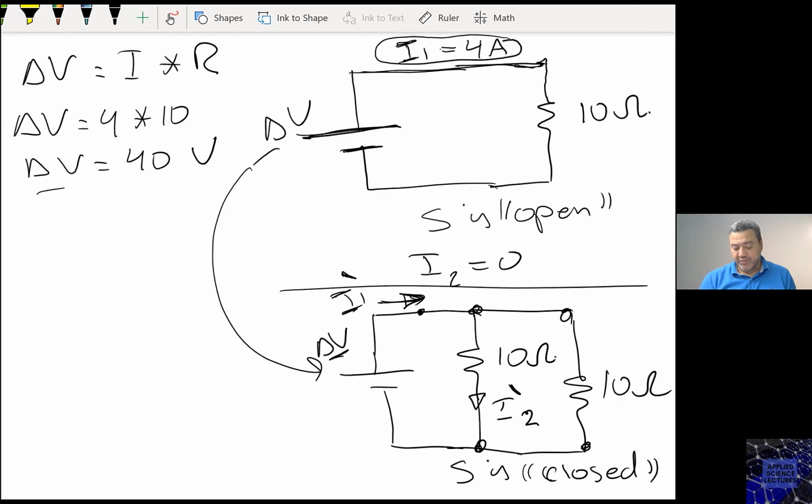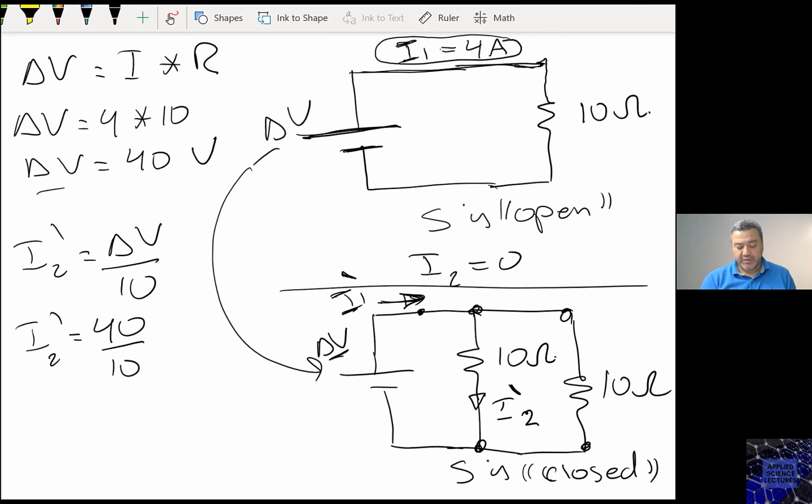From Ohm's law, I2 prime equals delta V divided by the resistor R. So I2 prime is delta V, which is 40, divided by 10. I2 prime is 4 ampere.